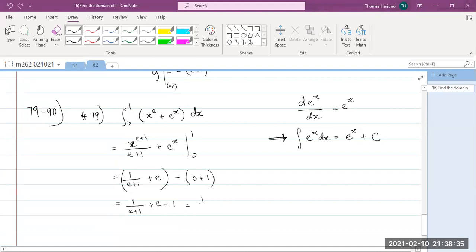This is 1 over e plus 1 plus e minus 1 times e plus 1 over e plus 1. Notice that on the top I skipped one step. On the top I get e squared, because the 1 and negative 1 cancel. So this is e squared minus 1 over e plus 1. It turns out to be nice.